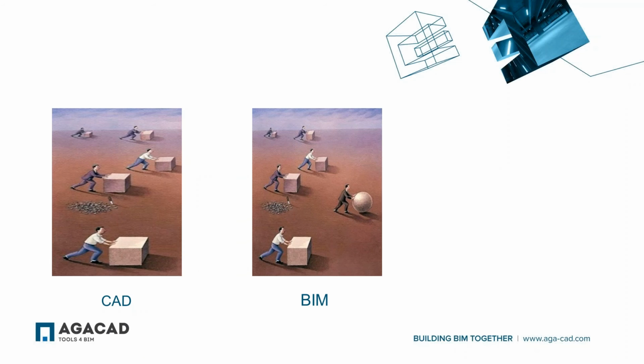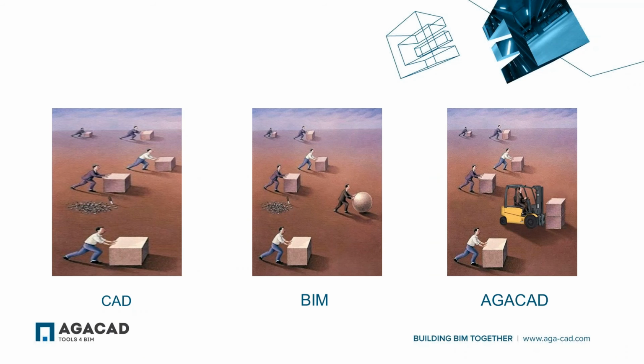If I use BIM, I cut the edges and I rotate my bubble towards the finish. But the last and the funniest thing I want to mention is that AJCAD is looking for the places where we can cut the edges out of BIM and make better BIM, better software, to increase your productivity.